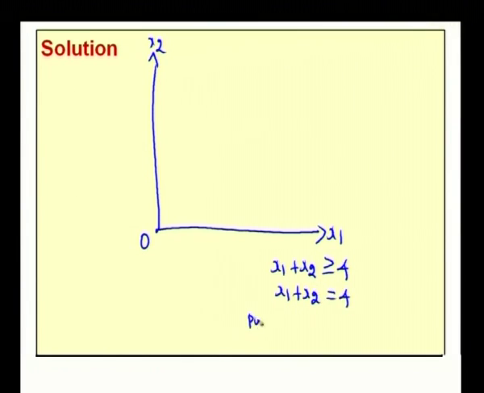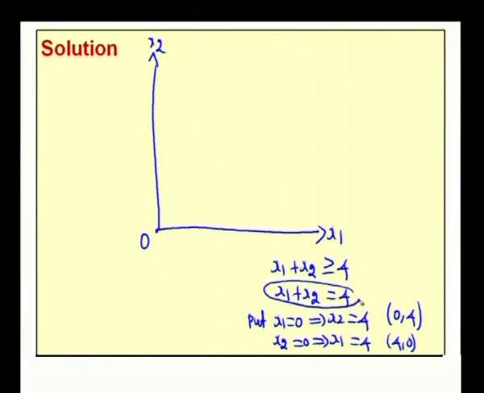Taking x1 equal to 0, we get x2 equal to 4, so the coordinate is 0, 4. Taking x2 equal to 0, we have x1 equal to 4, so the coordinate is 4, 0. Therefore, the equation x1 plus x2 equal to 4 is the line joining the points 0, 4 and 4, 0.